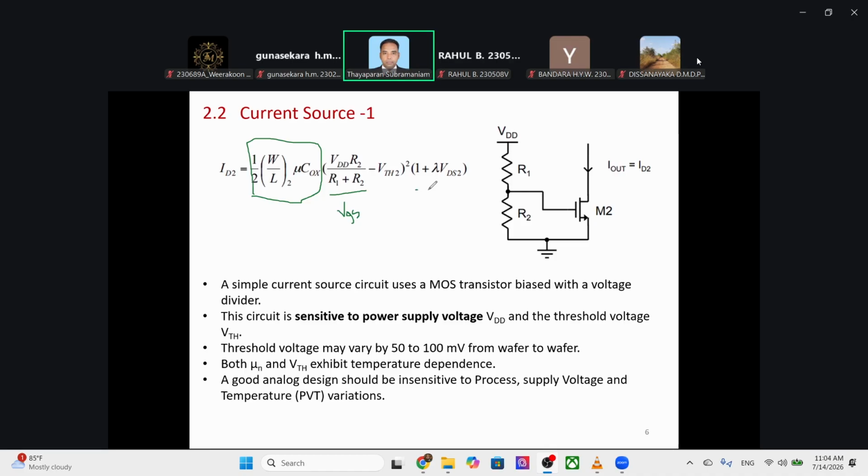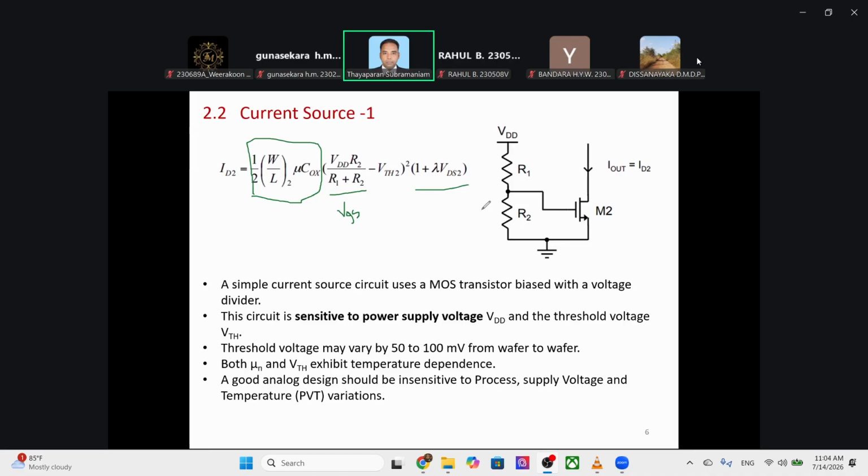This part is the variation part, the drain source voltage, because that is what is more important. What we expect is I out has to be constant. We need a constant current source.